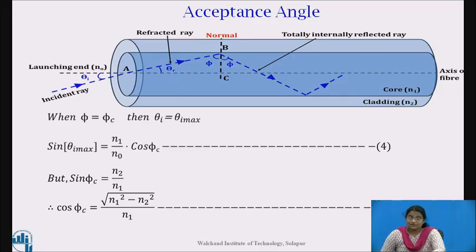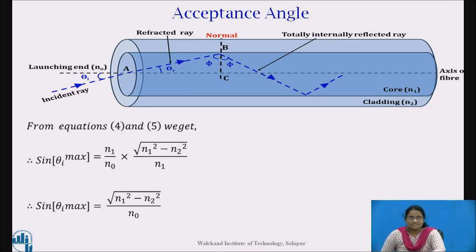Now we have to find the value of cos phi c. From the definition of critical angle, we have sin phi c is equal to N2 upon N1. Further simplifying, we get cos phi c as under root N1 square minus N2 square, upon N1.